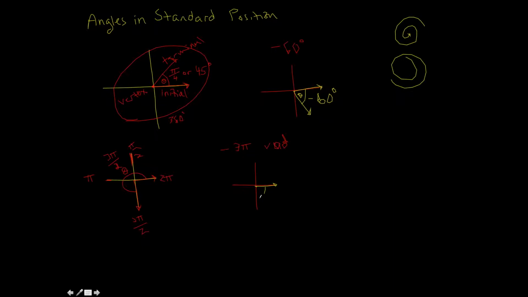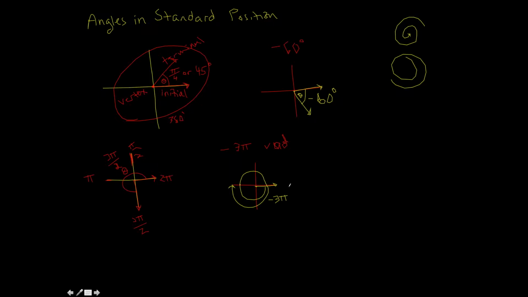From here to here is negative pi, negative 180 degrees. This is negative pi, this would be another 180 degrees, negative 2 pi, and then one more 180 degrees would be right here. And this is your negative 3 pi.